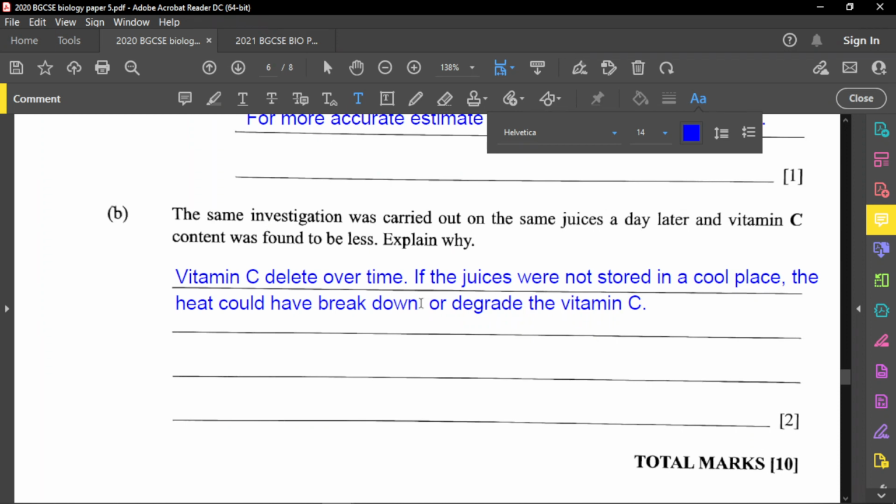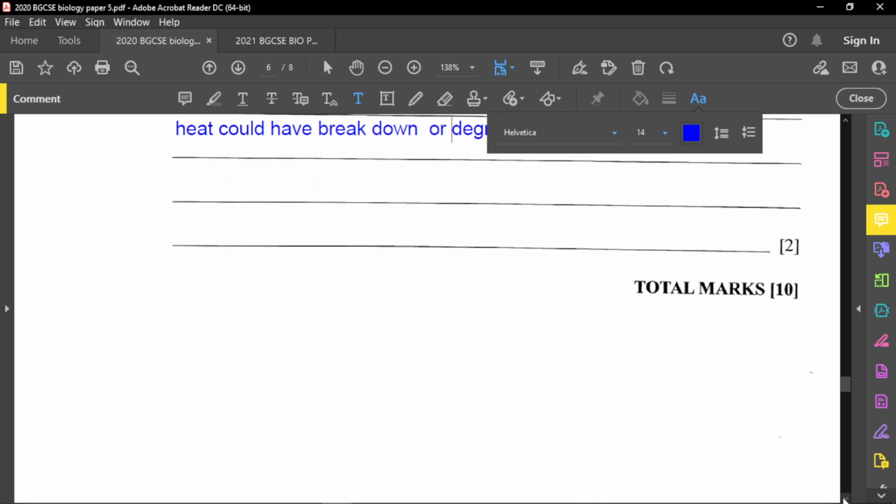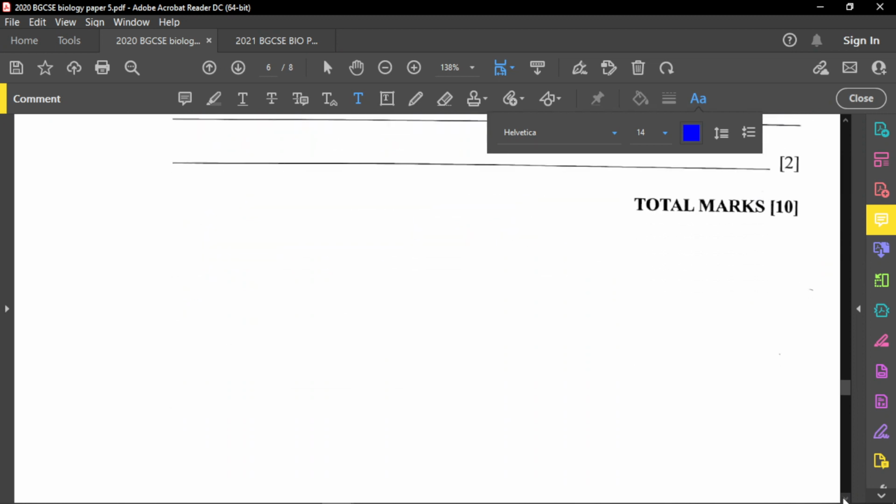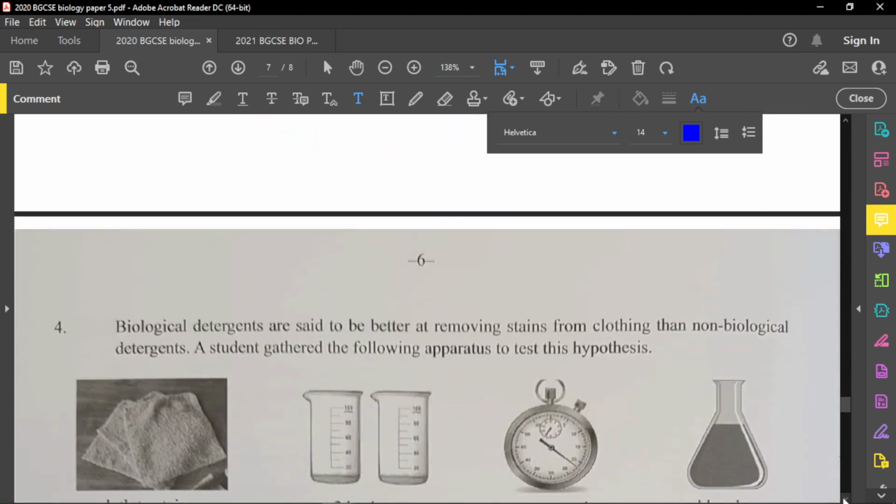Because of heat, it will react with chemical substances and then eventually break down. That's why after a while juices are not even good, because the content actually breaks down or reacts based on spoilage or fermentation.